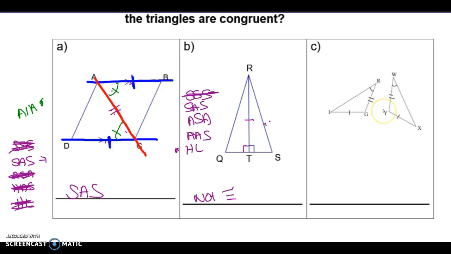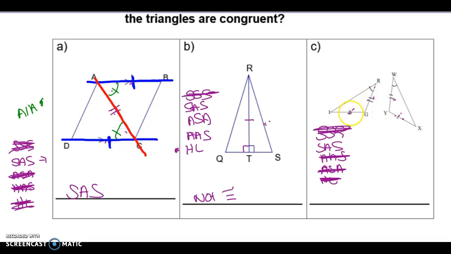Next, let's look at this one here. Well, I have two pairs of sides that are congruent, and an angle. So I'm going through my list. Angle, side, angle, and hypotenuse leg. I know it's not hypotenuse leg because it's not a right triangle. I know it's not side, side, side because there's not three sides. So I have two sides and an angle.